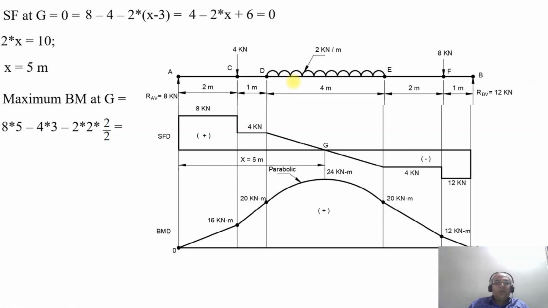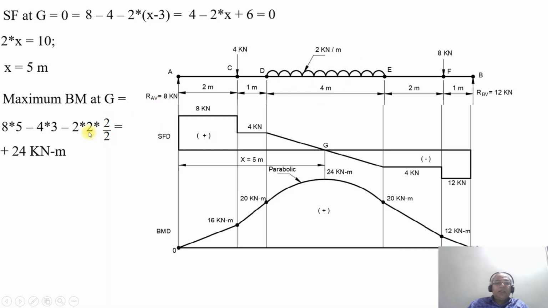So that will be equal to plus 24 kilonewton meter. So once you plot the point G, you will get 24 kilonewton meter. Then join from 20 kilonewton meter passing through 24 kilonewton meter and then coming to plus 20 kilonewton meter, because you have a UDL.